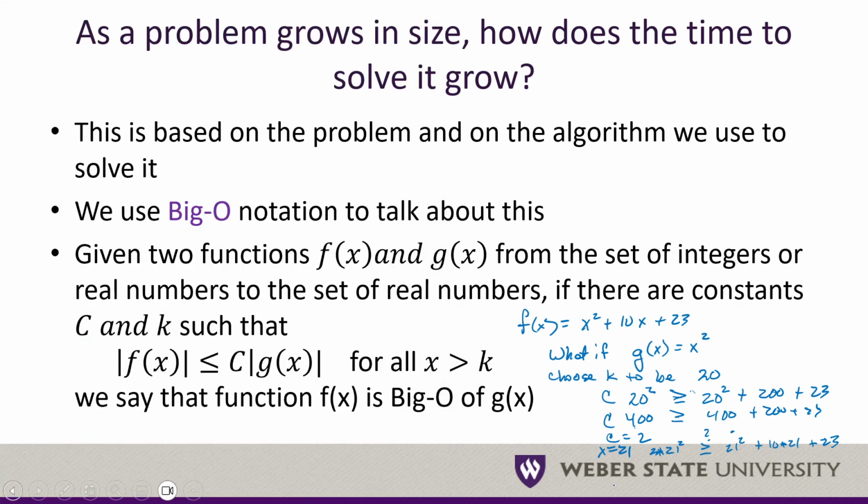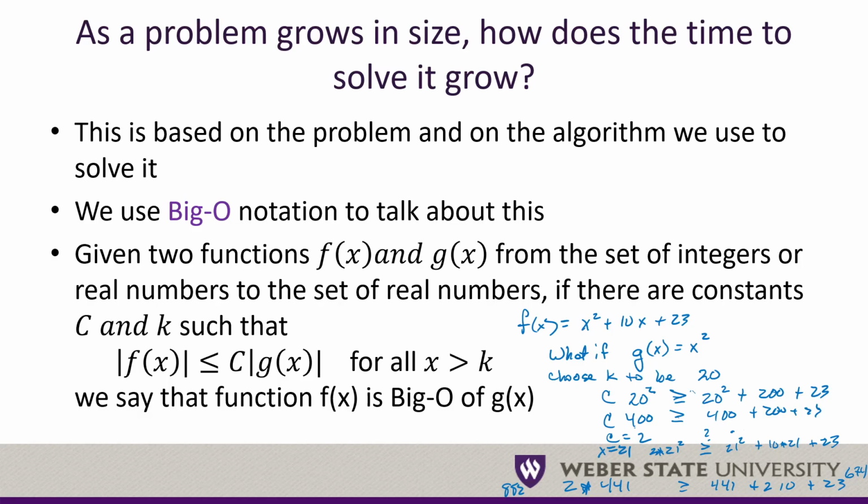So that's going to be 441 times 2, which will be 882. Is that greater than or equal to 441 plus 210 plus 23? That'll be 674. So yes, 882 is greater than 674, so it holds.